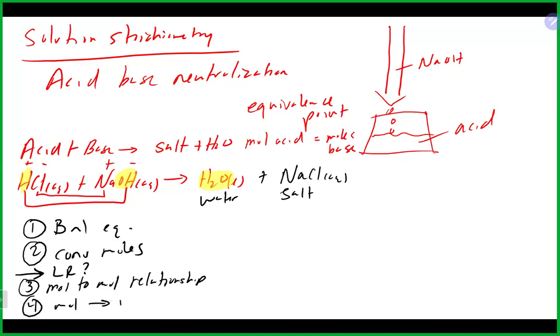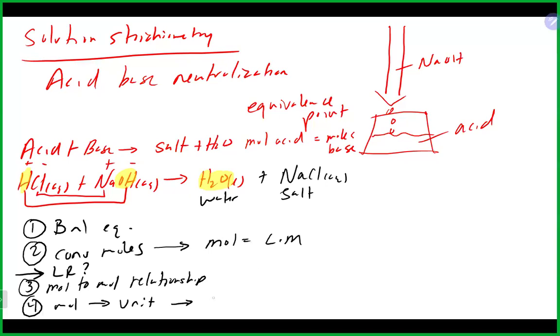Where solution stoichiometry problems vary from a basic stoichiometry problem is usually at step number 2, where you use molarity and volume to get moles. So instead of grams to moles using the molar mass, you use the liters and the molarity. Also at the end of the calculation, you may use molarity.